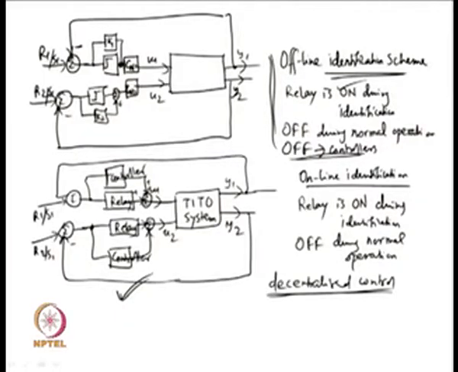So, these are the basic differences between the two, and not only are we getting a simple online scheme, the added advantage is that if the TITO system is subjected to some static load disturbances, then the output is not getting affected by the presence of controllers in the loop during identification.